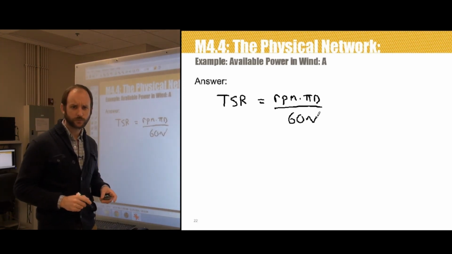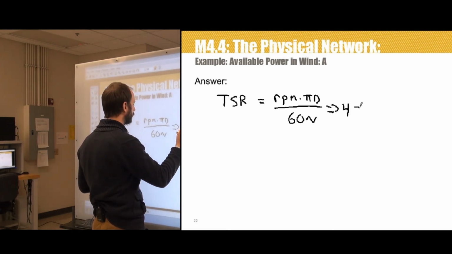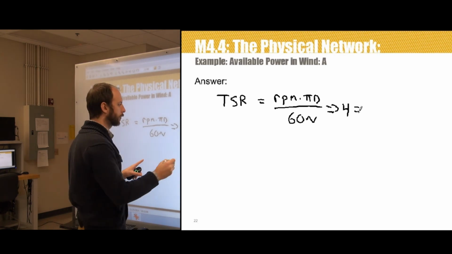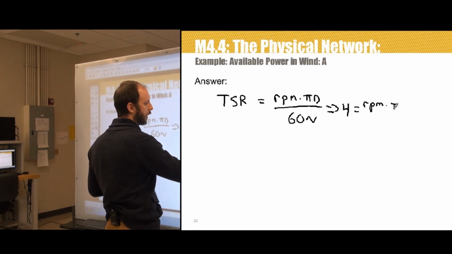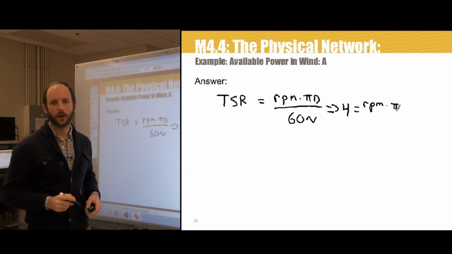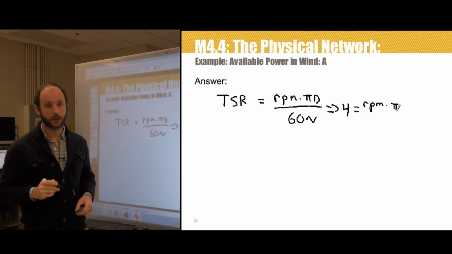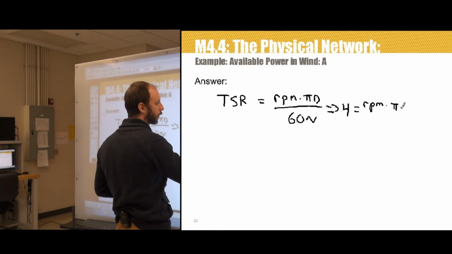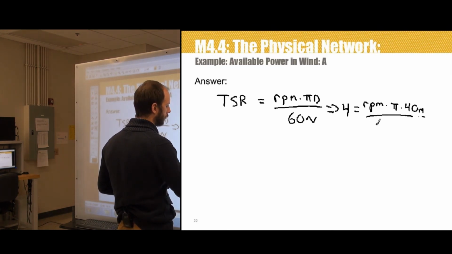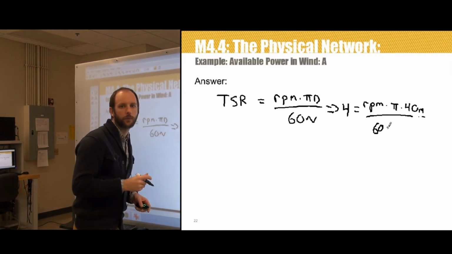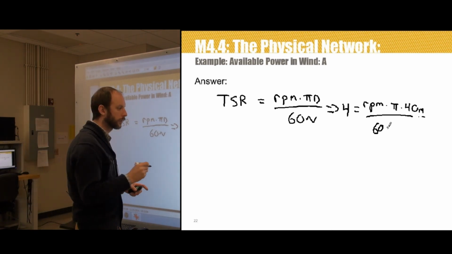So TSR, which was 4, is equal to our RPM, which is what we're trying to solve for, multiplied by pi, multiplied by D, which is 40 for our 40-meter system, divided by 60 times the upwind speed, which was 14 meters per second.